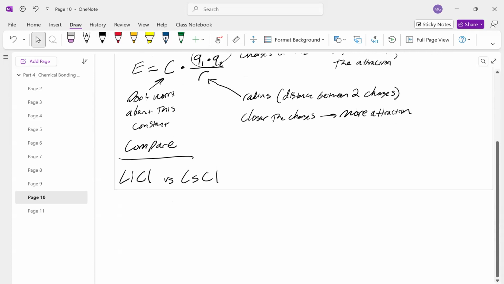So first thing we're going to do is compare charges. Look at your periodic table. See that lithium's in the first column. Lithium will have a +1 charge. Chlorine is a halogen, always has a -1 charge. And then look at cesium. Well, cesium is +1, chlorine's -1.